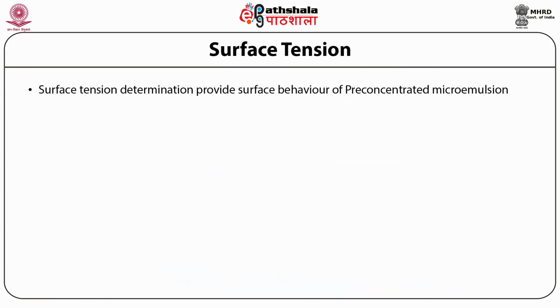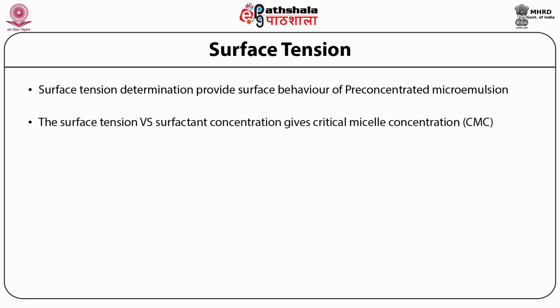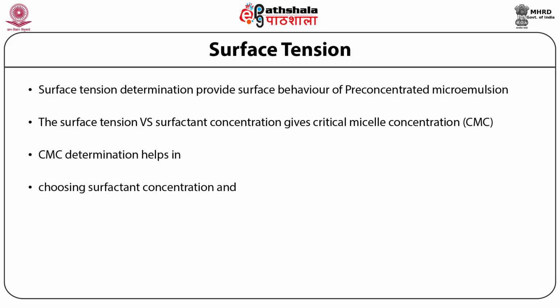The surface tension determination is therefore one of the very important behaviors for a pre-concentrated microemulsion. The correlation of surface tension with the surfactant concentration gives the critical micellar concentration, and this CMC determination will help us in choosing surfactant concentration and to predict stability of the microemulsion.